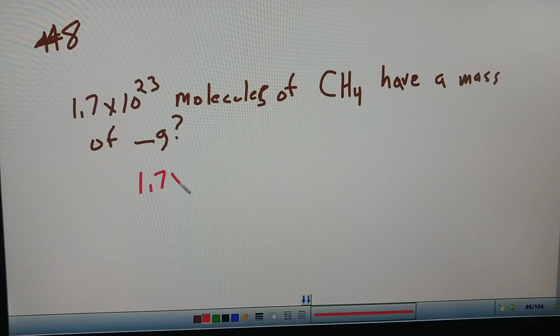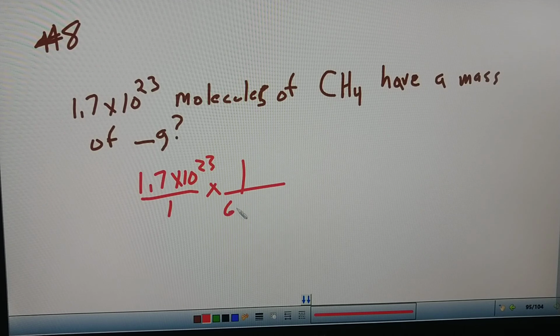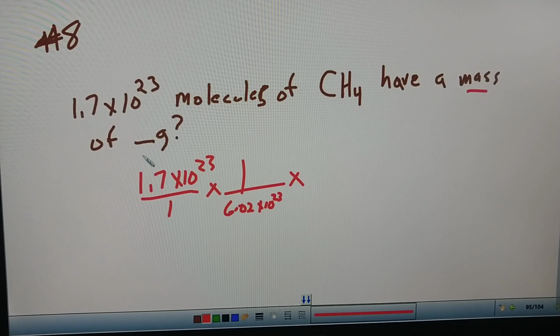Here we go. Here's the proper number. There's the number we're given, times 1 over the proper number in those same units, 6.02 times 10 to the 23rd, times, what are we looking for? Mass in grams. CH4 weighs 16, so 16 grams over 1 equals, here we go.